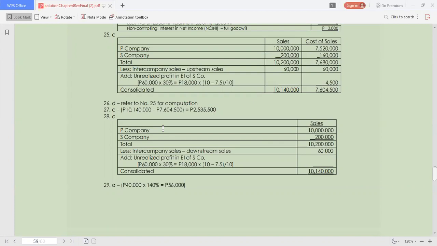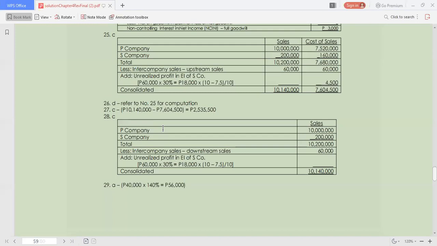So we now get the unrealized profit in the ending inventory of S Company in the amount of 4,500. And by the way, the intercompany sale is downstream, the fact that the selling company is the parent and the buyer is the subsidiary. So I hope you are making corrections.